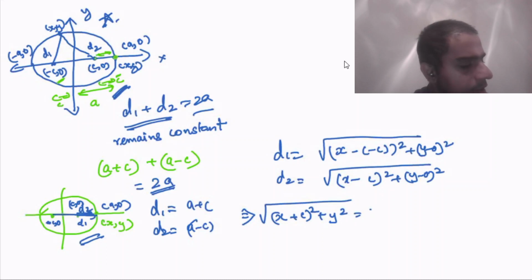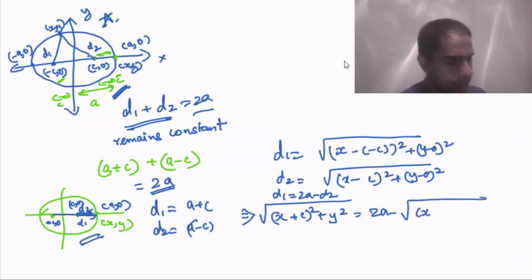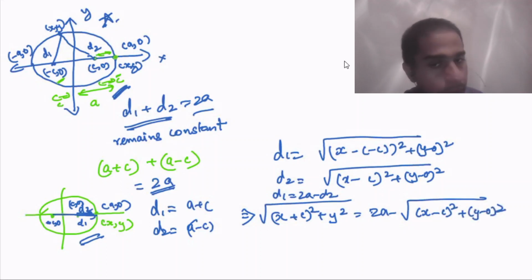So we can write d1 equal to 2a minus d2, right? 2a minus the square root of x minus c the whole square plus y minus 0 the whole square. Now we can take squares on both sides.